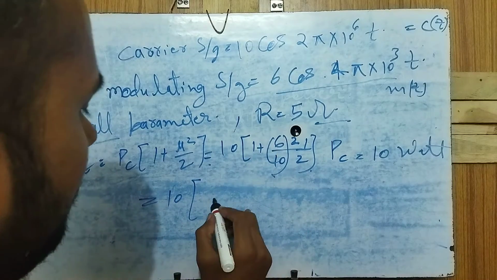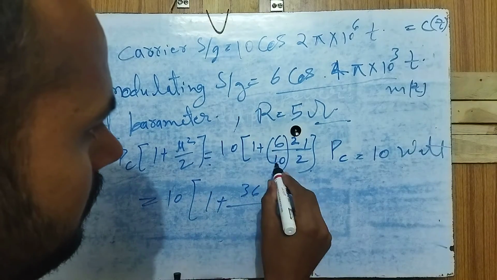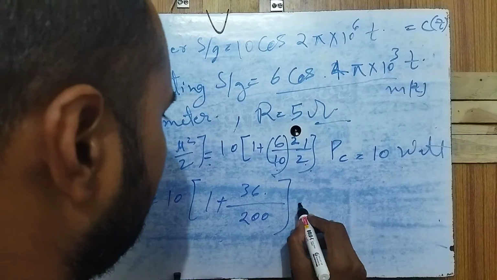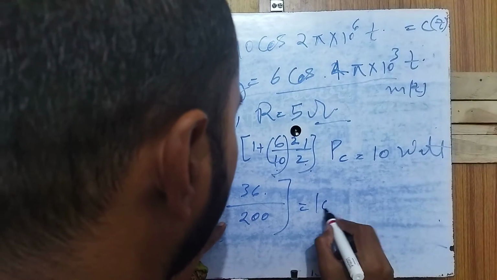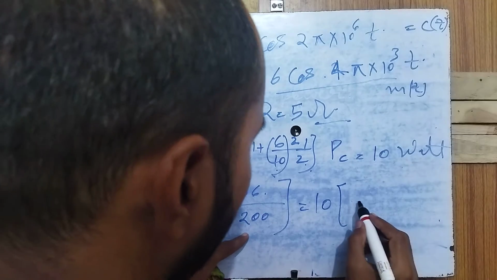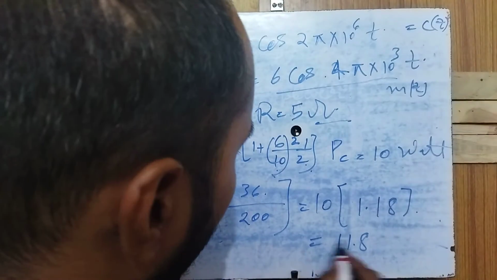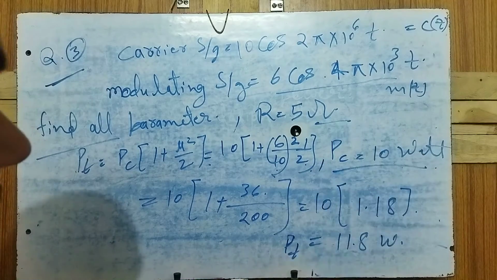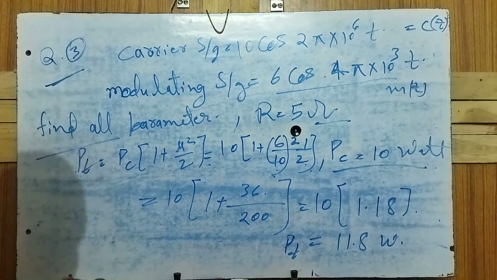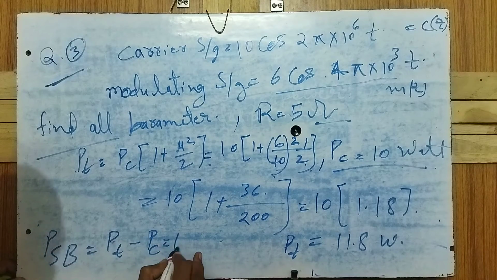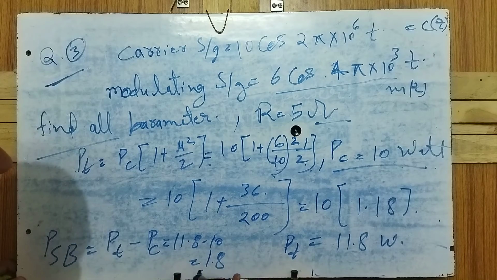PT is 10 into 1 plus 36 by 200, which is 1.18, so 11.8. So total power is 11.8 watt. Carrier power is 10 watt. So sideband power will be total power minus carrier power, 11.8 minus 10 is 1.8. So here is the sideband power.